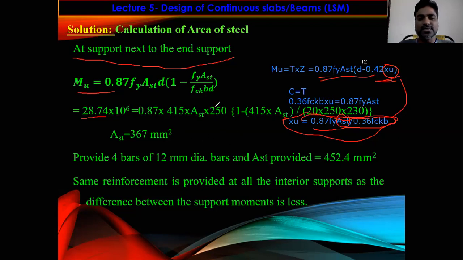So don't get confused. It is derived from the basic equation only, whatever we discussed in singly reinforced beams, same thing, but only simplified. If you have any confusion, you can use the basic equation directly, substitute XU, and determine the MU.